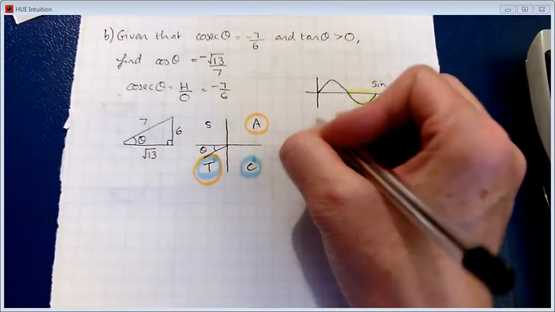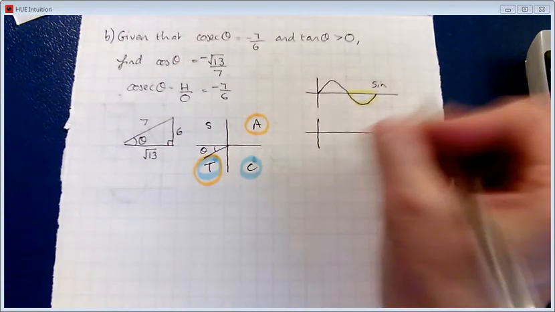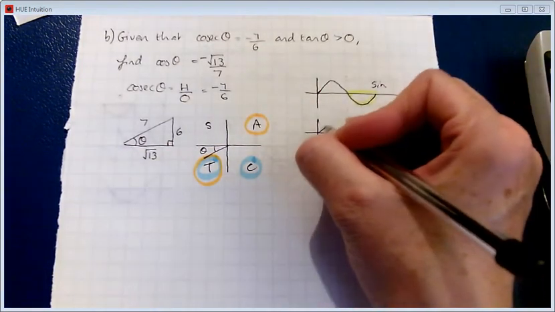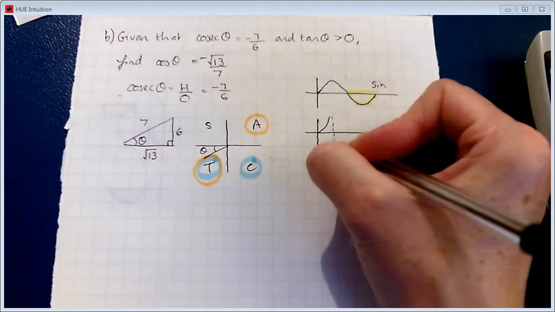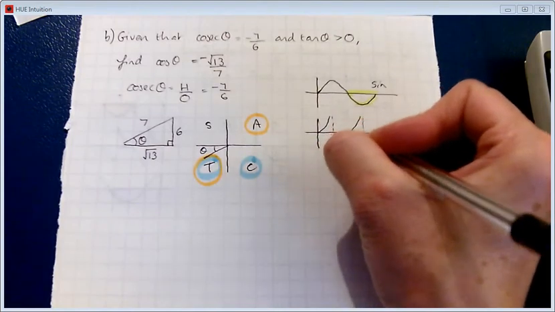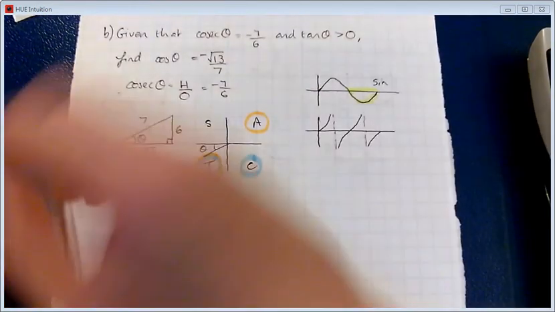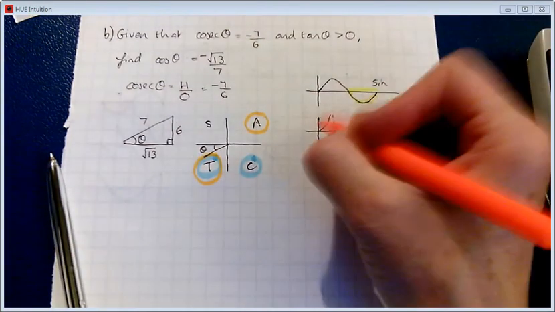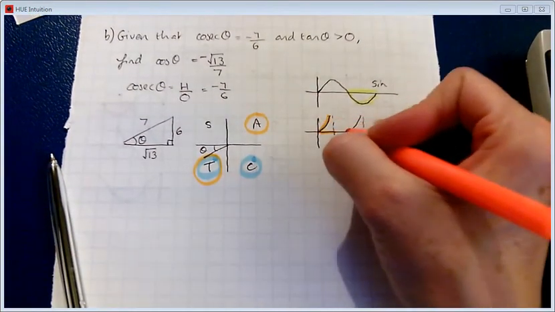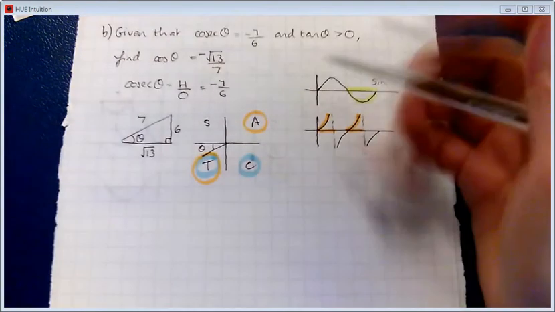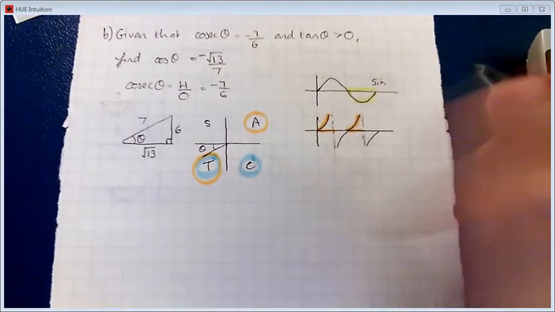And then we need to think about tan being positive, as we're told. So we can see that tan is positive in this zone and this zone, and then we can see that they match up between pi and 3 pi over 2.